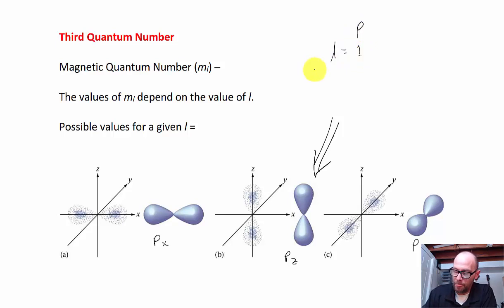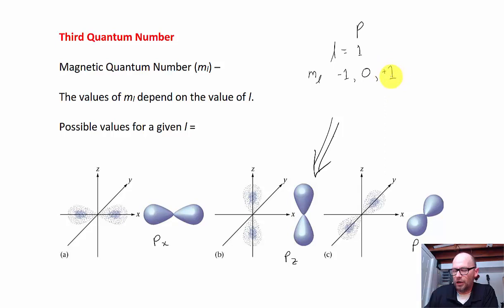P orbitals are broken into the x, the z, and the y. And the way that we do that is with the magnetic quantum number, ML. And what that says is it is the negative L value to the positive L value. So ML is negative 1, comma 0, comma positive 1.